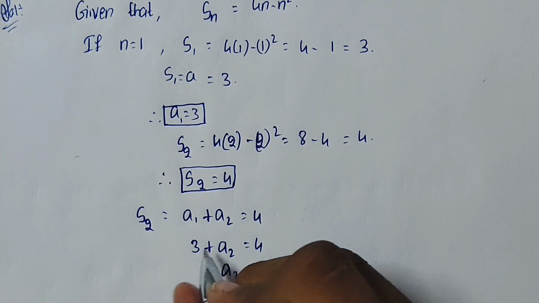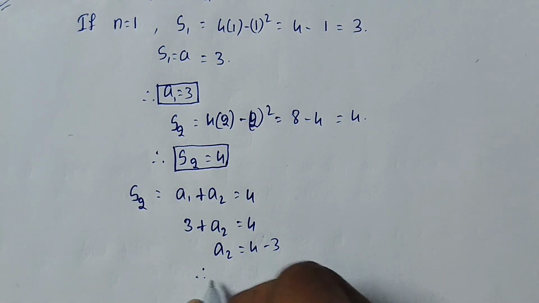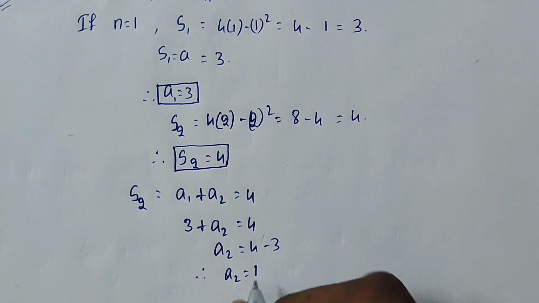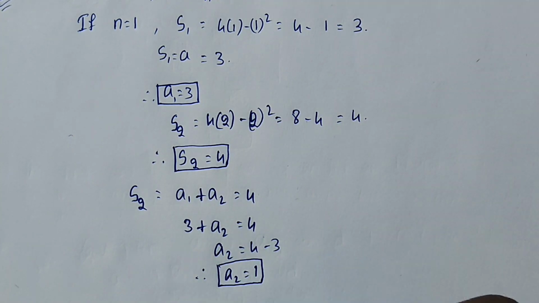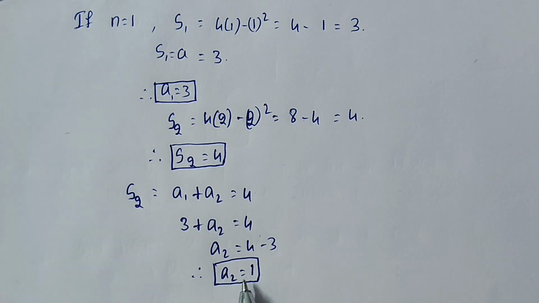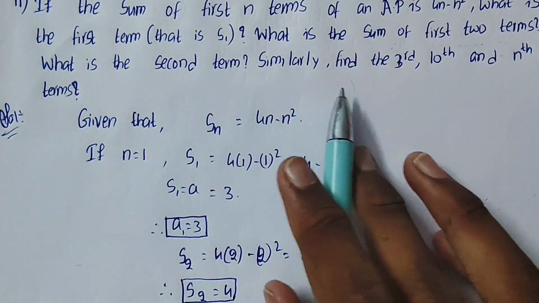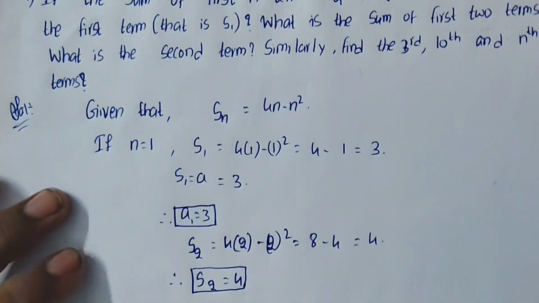A2 is equal to, if you transfer the plus 3 to the right side, it becomes minus 3. So therefore we got the value of A2 is equal to 1. Understand? Now we also found out the value of A2, the second term.